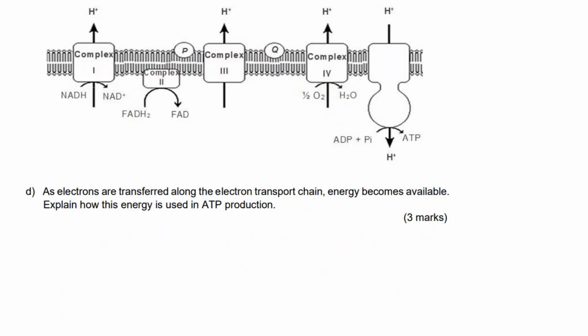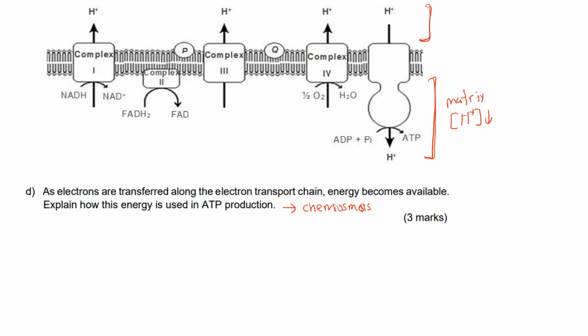Question D. As electrons are transferred along the electron transport chain, energy becomes available. Explain how this energy is used in ATP production. So for this process, you have to explain chemiosmosis. In order for you to explain chemiosmosis, you have to know the different regions within the mitochondria. So this region here is the matrix of mitochondria, and it has a low concentration of hydrogen ion.